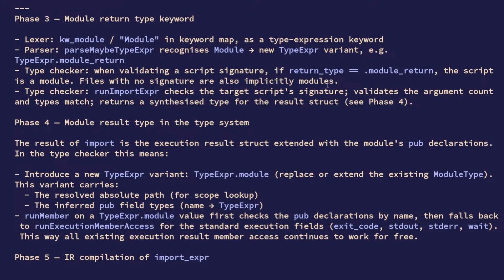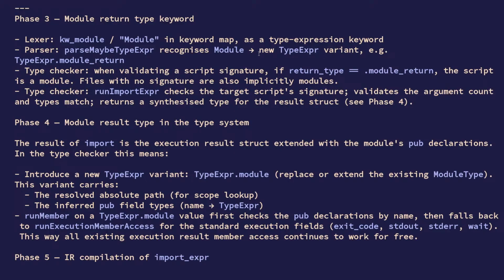The script is a module. Files with no signature are also implicitly modules. All files are modules, and in fact, all functions are technically modules as well. You call a function, you basically get a module out. It's just a label. We label something.